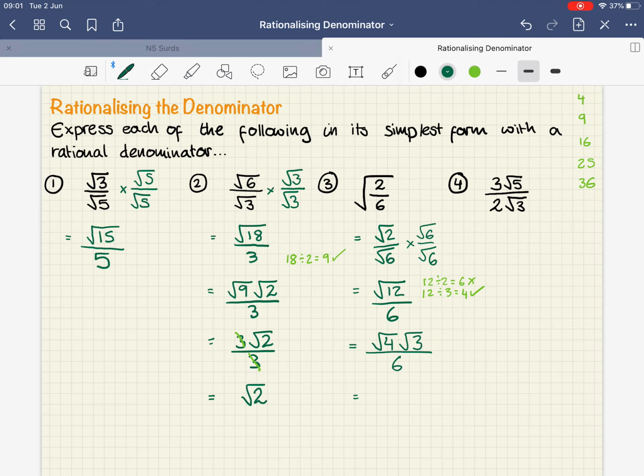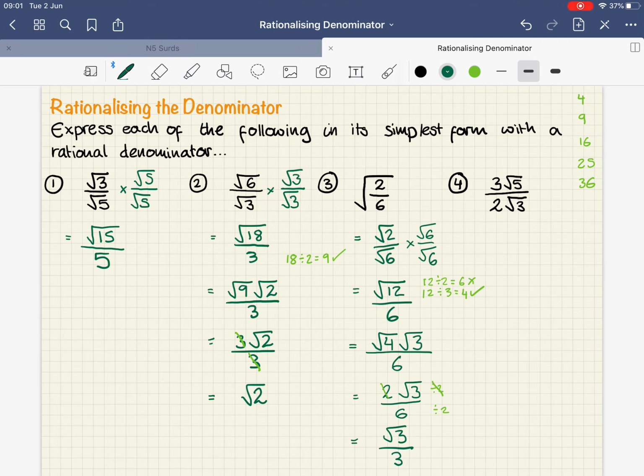And the square root of 4 is 2. Then I can simplify these by dividing them both by 2 on the top and the bottom, because I've got even numbers. So that 2 divided by 2 is going to get rid of it. So on the top I'm going to have root 3 over 6 divided by 2, which is just 3.